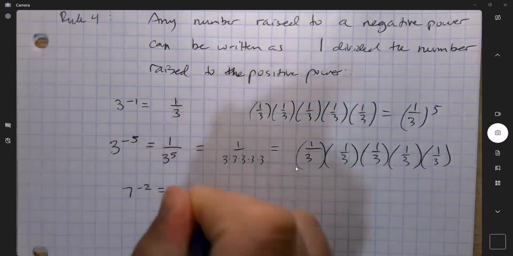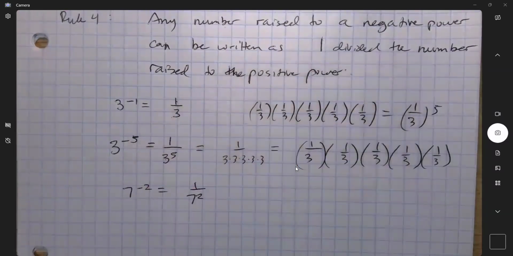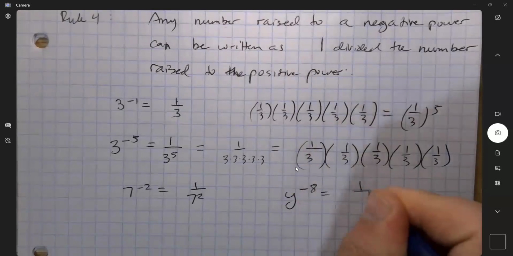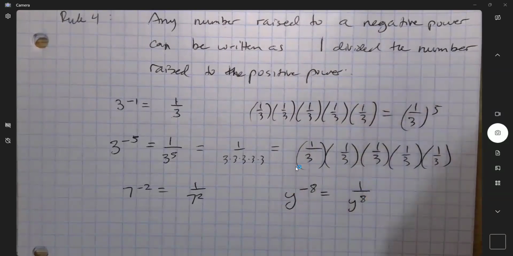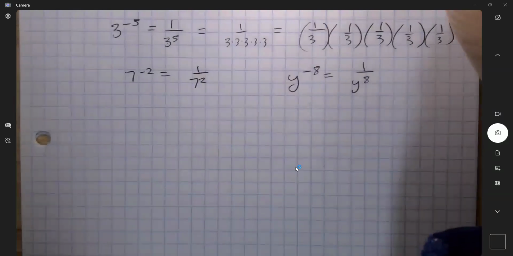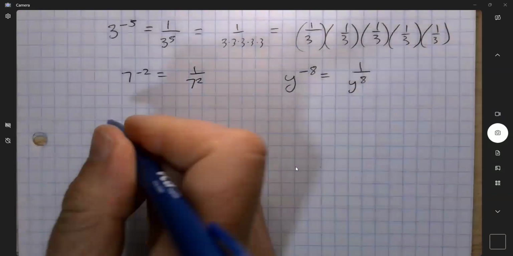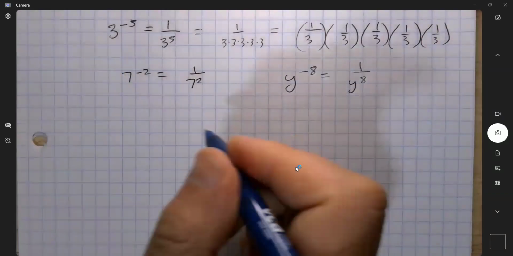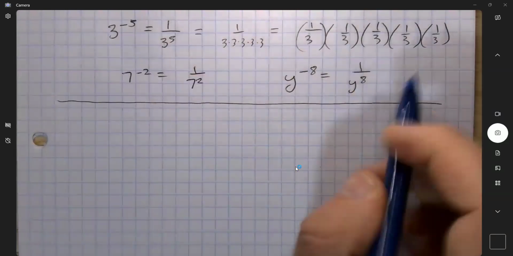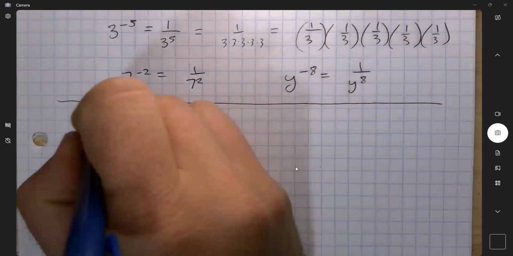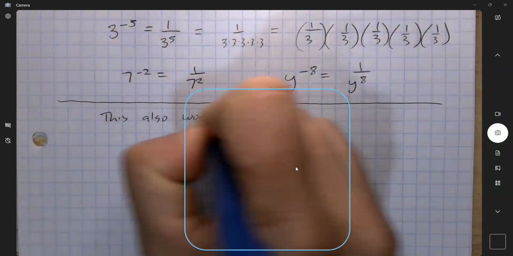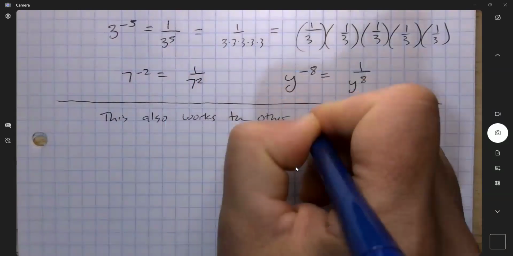7 to the -2 can be written as 1 over 7 squared. Y to the -8 can be written as 1 over y to the 8th. And there's another extension to this rule that follows, but I'm not going to demonstrate in great detail. I'm just going to say this also works the other way.